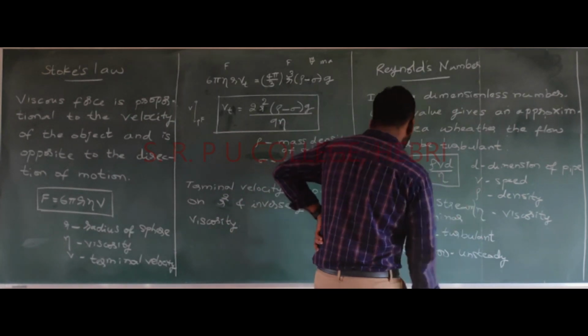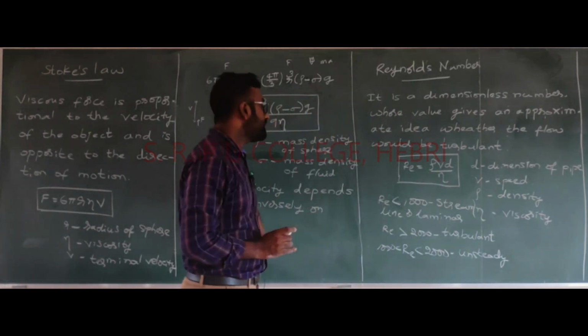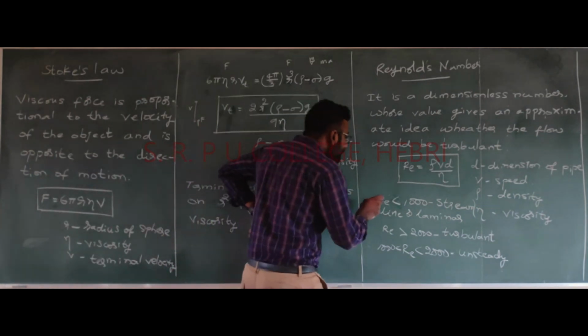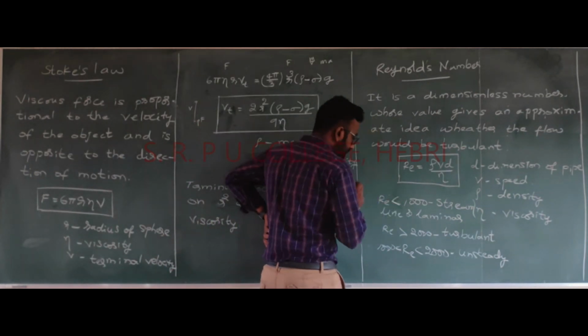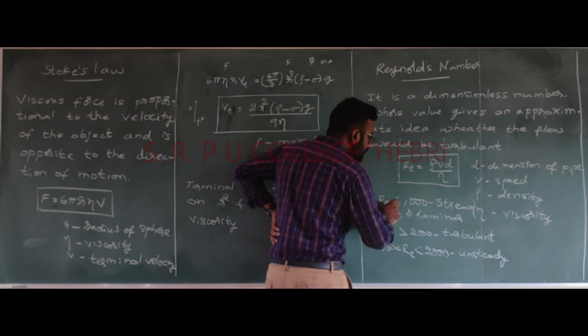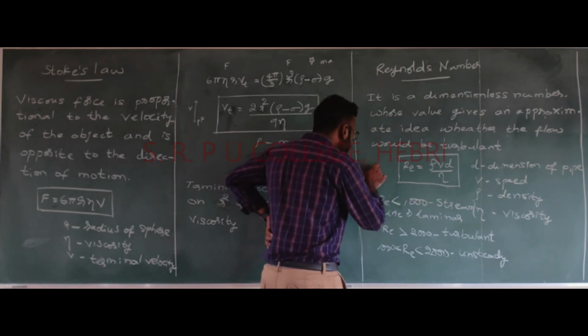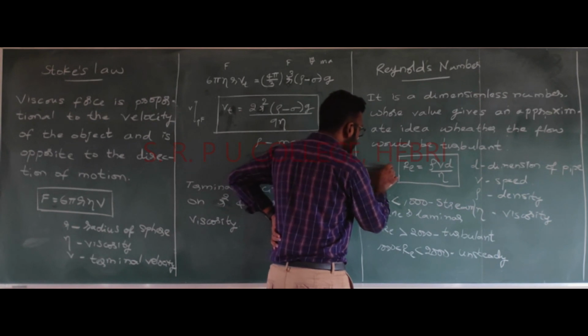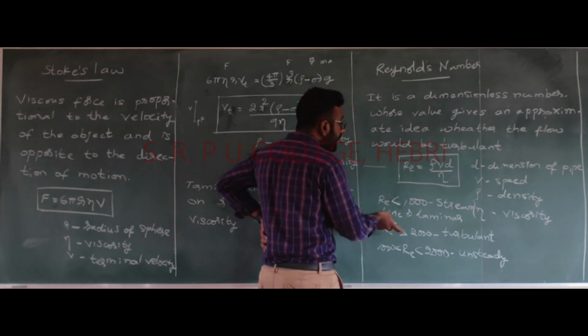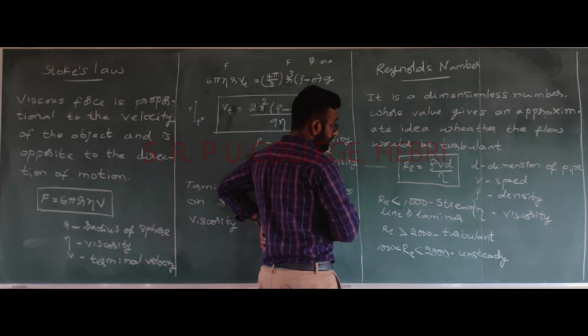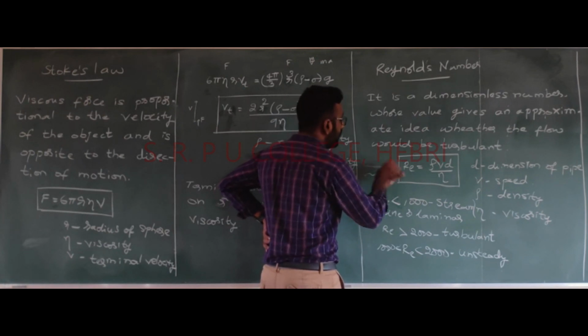Okay, now there is a condition. If the Reynolds number value is less than 1000, then we say that the flow is streamline, okay, or we say the shallow flow. Now if the value is greater than 2000, then the flow is turbulent.